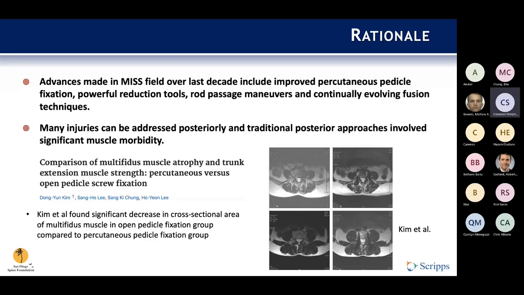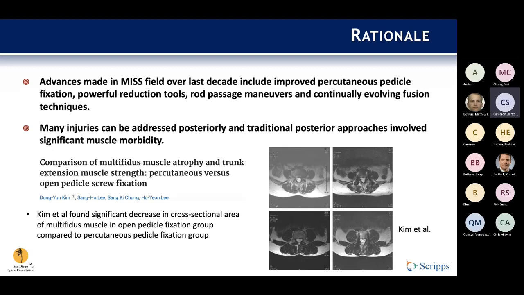And then as advances were made in the MIS field, we found the ability to do percutaneous pedicle screws, powerful reduction tools, and rod passage maneuvers that allow you to minimize the disruption, and that many injuries can be treated posteriorly. And traditional posterior approaches involve significant muscle morbidity. That was the go-to, just open approaches.